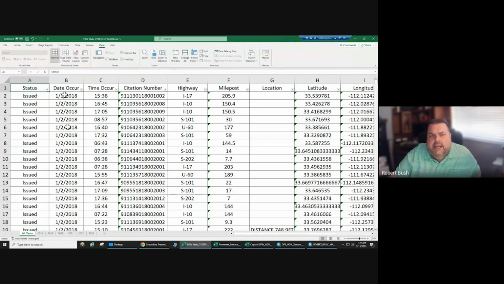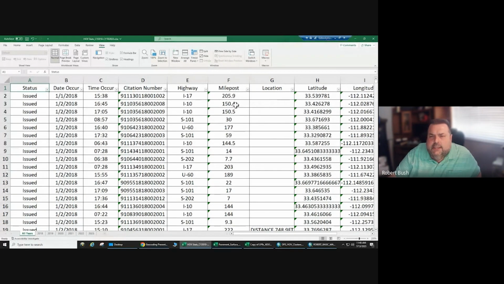It includes the date of occurrence, the time of occurrence. The citation number isn't relevant to us, but guess what? Here's that highway, I-17, and milepost 205.9. Now, since it was a specific location, it just has a single location. That's like a sign, like a light post.